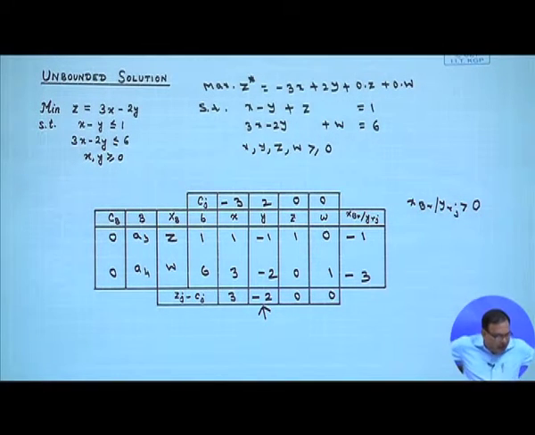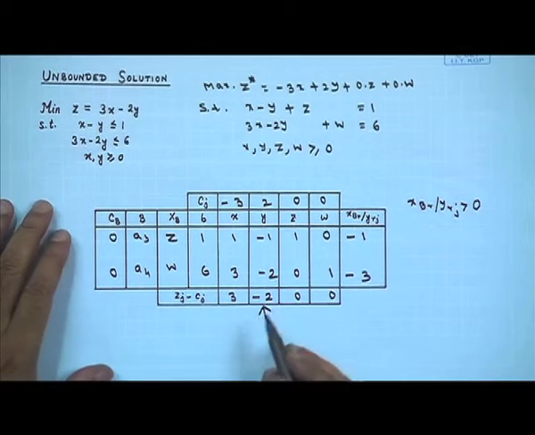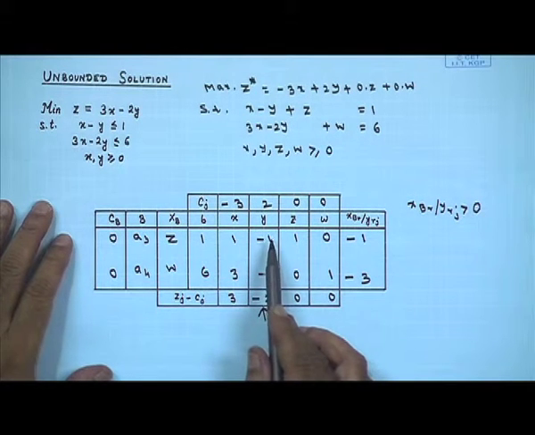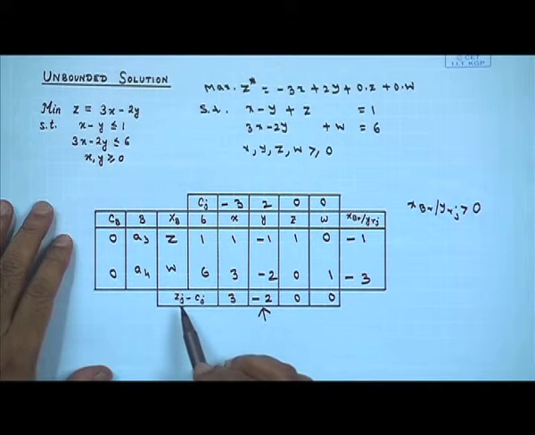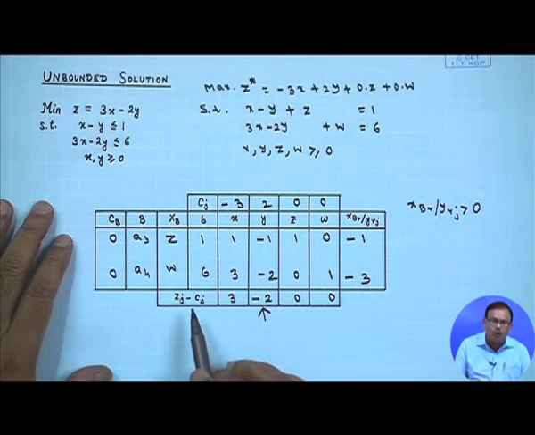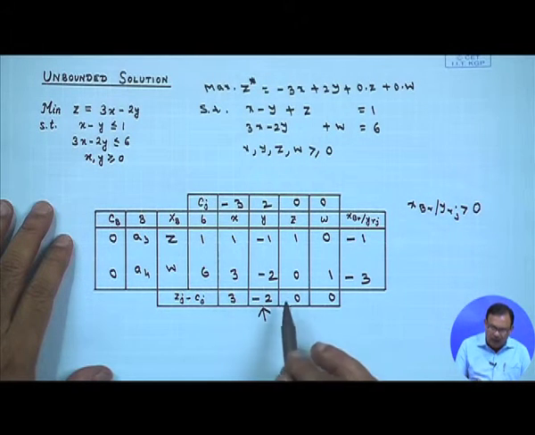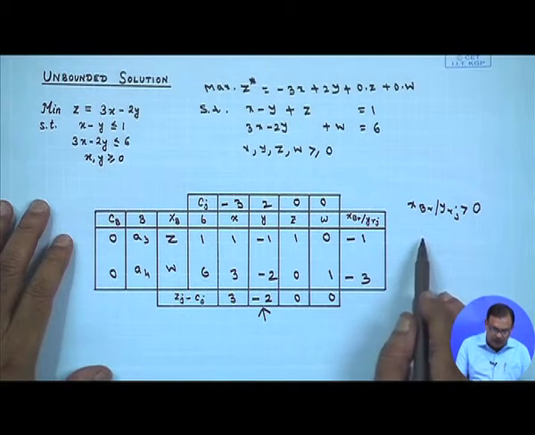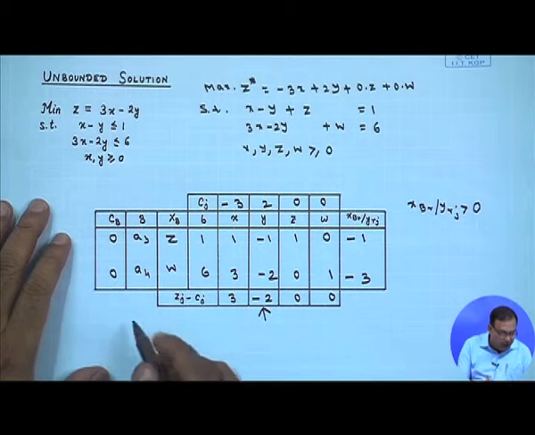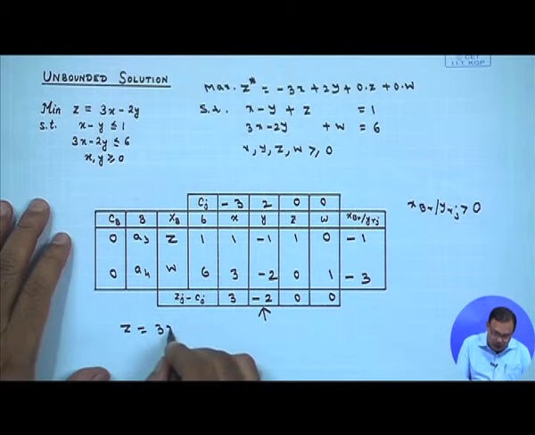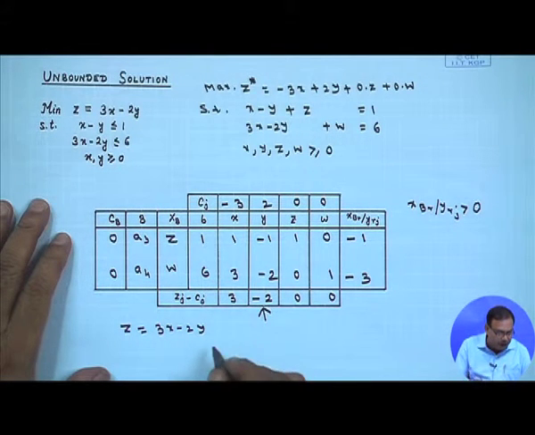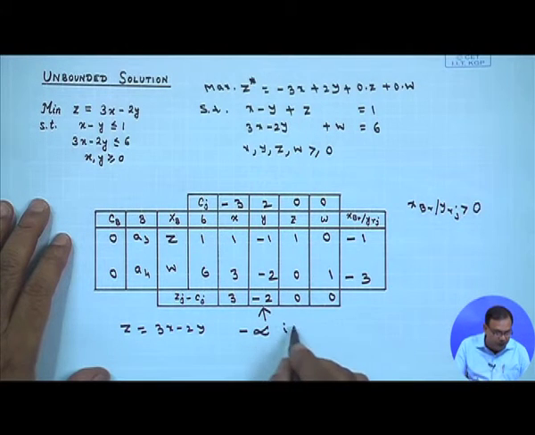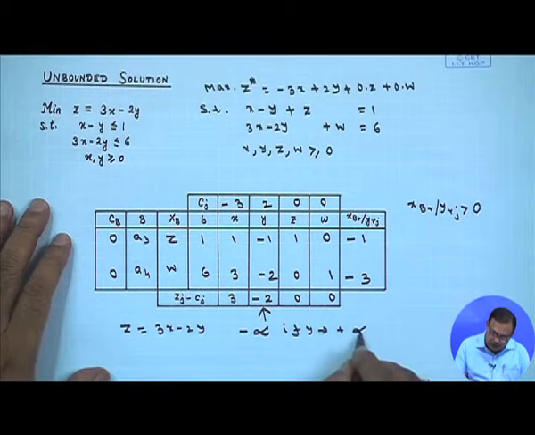What does it actually mean? It means that if we start increasing the value of y, the value of the objective function will keep changing indefinitely, because no other variable is departing from the basis. If you see, z equals 3x minus 2y is your objective function, and this will decrease to minus infinity if y approaches plus infinity.